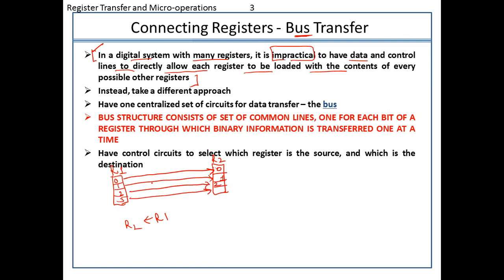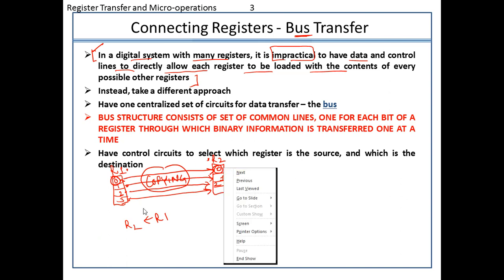So the copying of data from one register to another takes place bit by bit. If the bit is present at the zeroth level, it should be copied to the register at the zeroth level only.